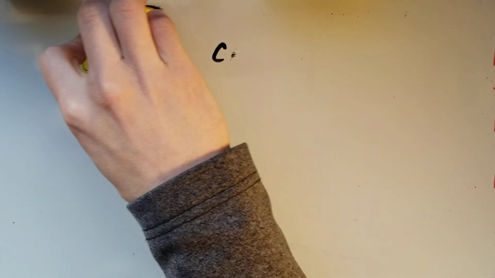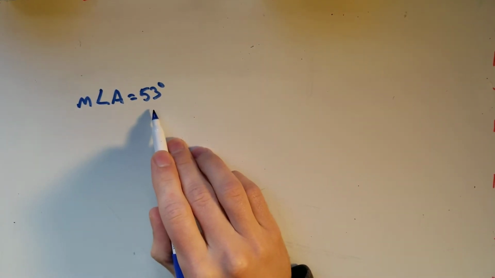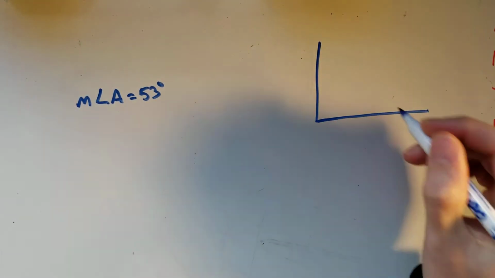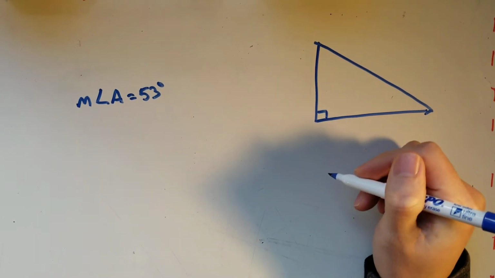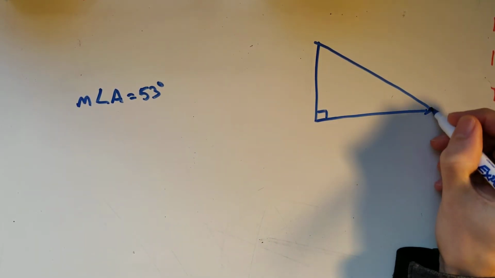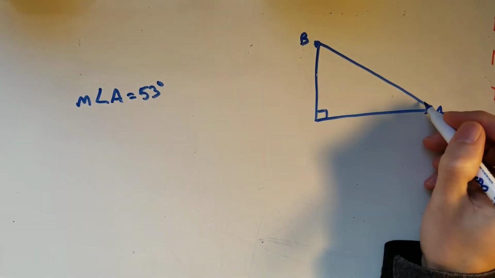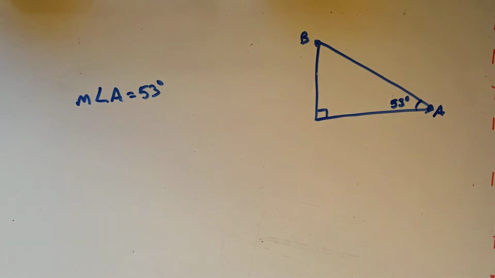So for this we need to think of what information we are given here. It says one of the measures is 53 degrees in a right triangle. So that means we know there's a right angle because it's a right triangle. So we know one angle is a right angle, and then we'll call this A, we'll call this B, and we know the measure of angle A is 53, so we want to find the measure of angle B.